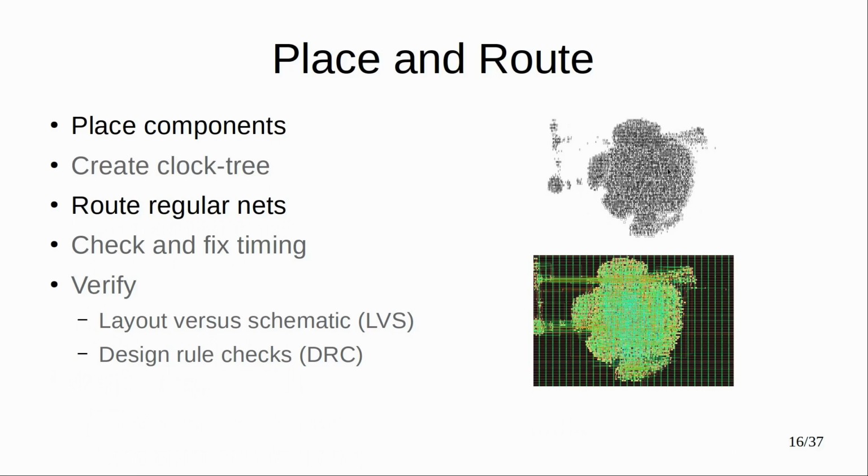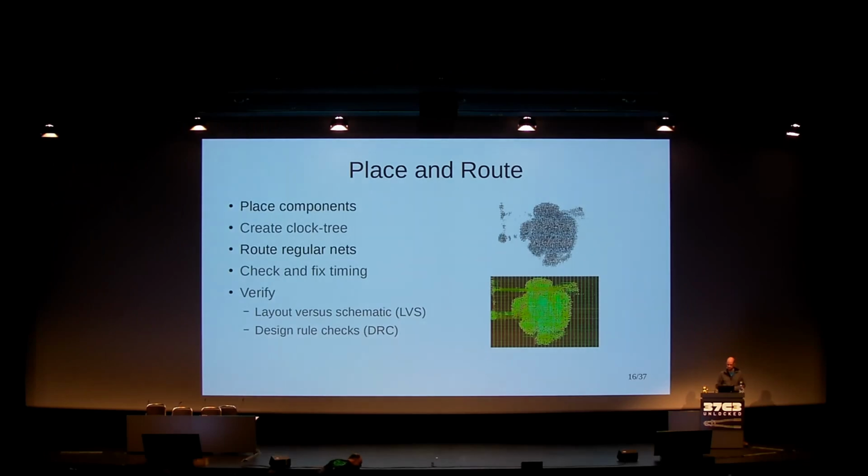I will talk about how we then connect the placed cells. Then afterwards, usually people try to verify the timing or try to fix the circuit when timing requirements are not met. I will not talk about this today either. And I will also not talk about verification, which is actually really important because you want to make sure that what you just built is what you wanted.